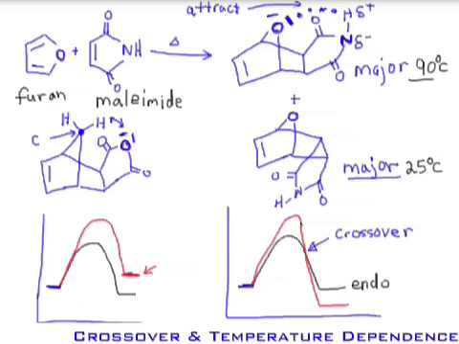And so the red begins to build up as molecules get over and form the red, and red begins to predominate, so that by the time you get to 90 degrees Celsius, the exo, red, is major. So hydrogen bonding messes us up in the furan-maleimide case, giving temperature dependence.